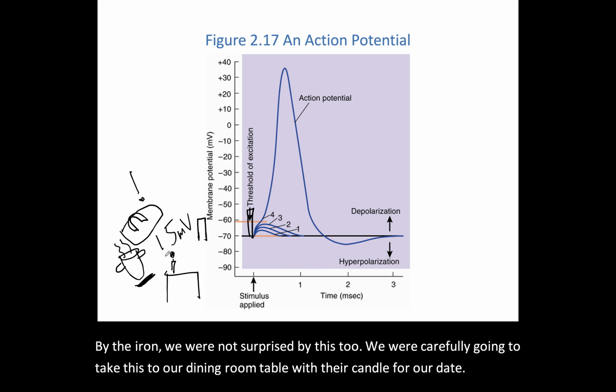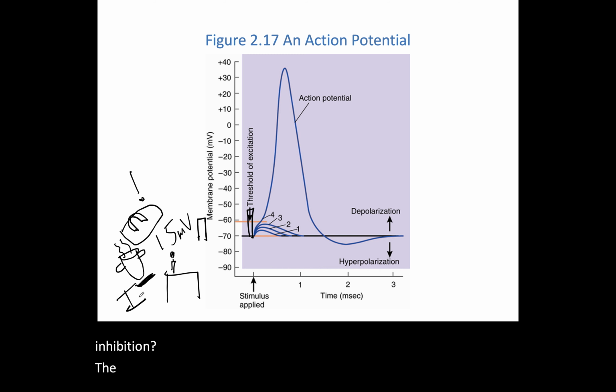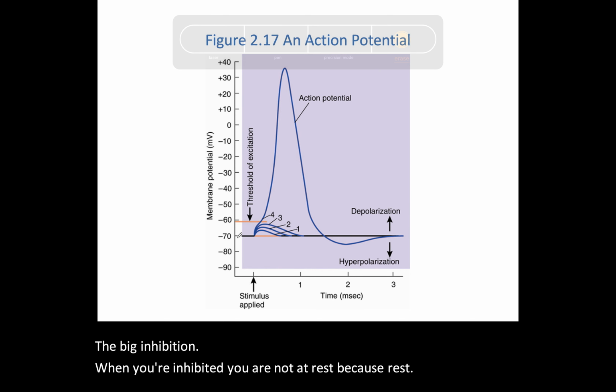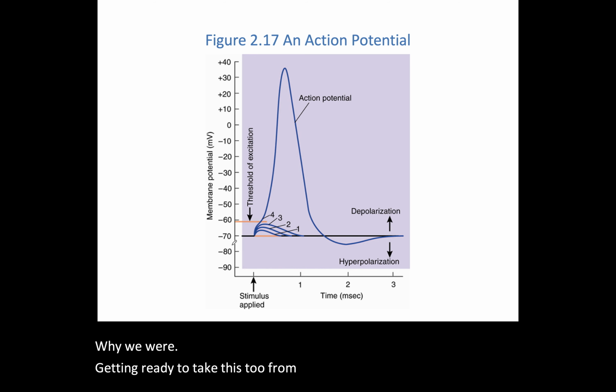But if it's 15 millivolts, why don't we drop it? Because we were under inhibition. The big inhibition. When you're inhibited, you are not at rest, because rest means rest. Rest means neither excited nor inhibited. While we were getting ready to take the stew from the stove to the table, we were under inhibition.